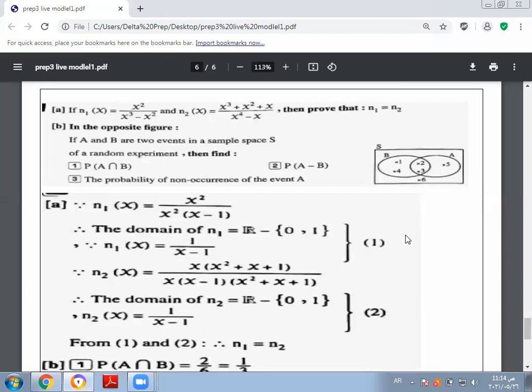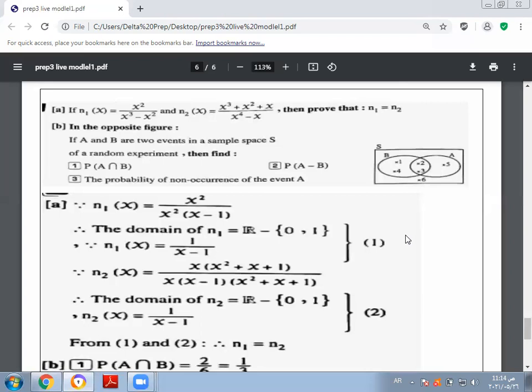Then we factorize again the bracket x power 3 minus 1 into two brackets. The small bracket is x minus 1, and the big bracket is x power 2 plus x plus 1. So we factorize the denominator as x multiplied by x minus 1 multiplied by x power 2 plus x plus 1.